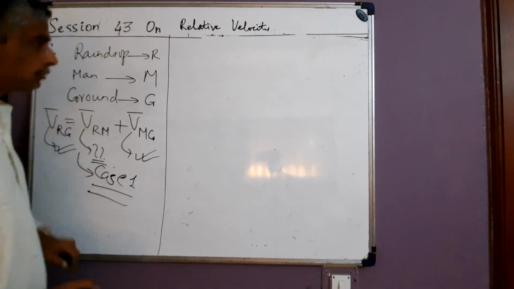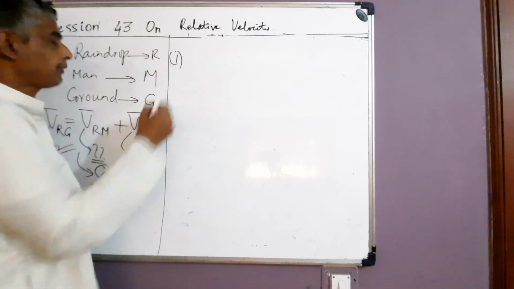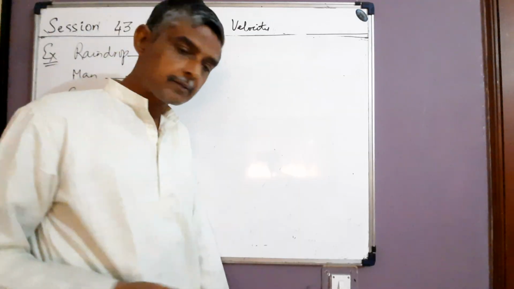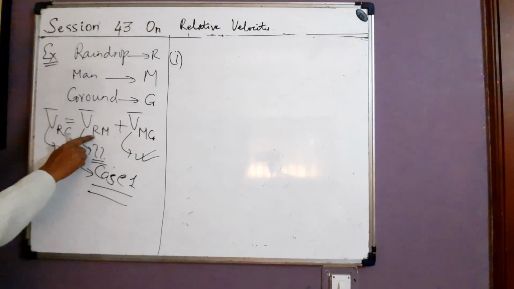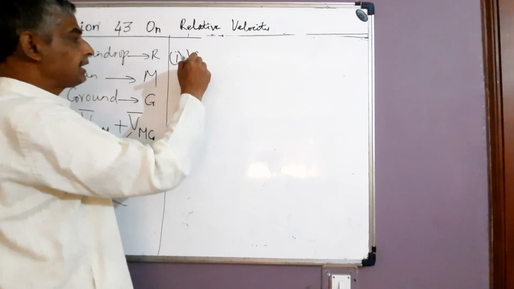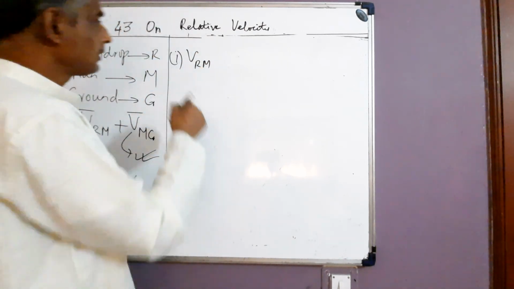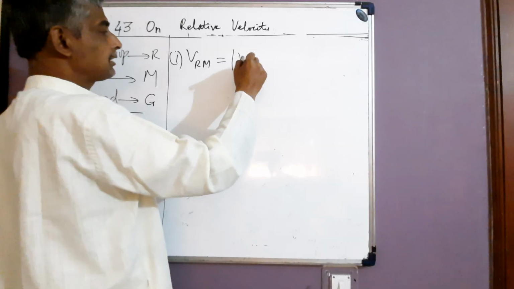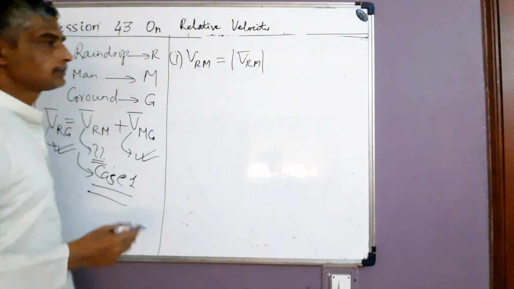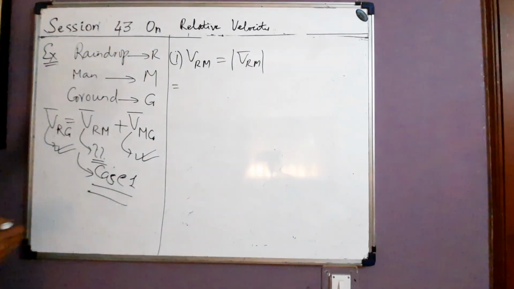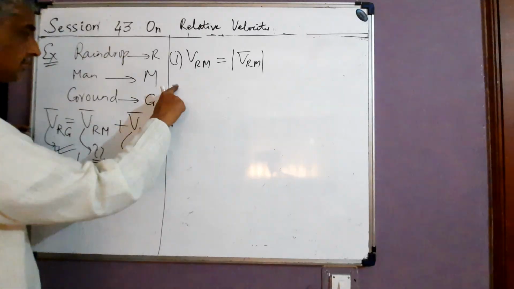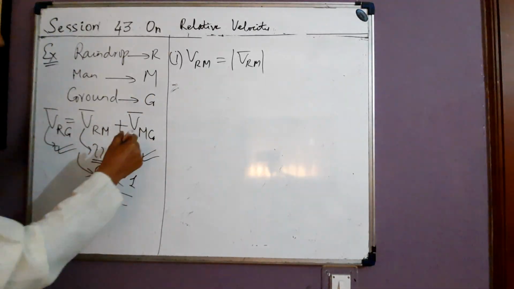Now we have to determine two things. First, we have to find the speed of raindrop as seen by person. That is, we have to find the magnitude of VRM, the magnitude of velocity of raindrop as seen by the person. Before finding this, we can solve this vector equation.